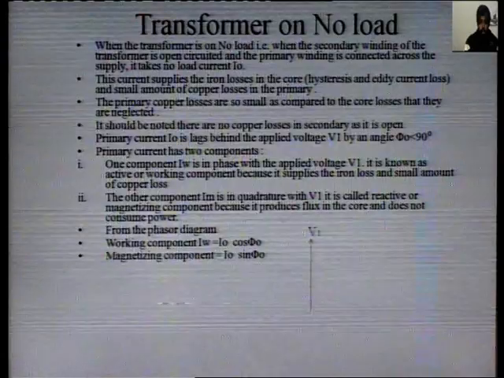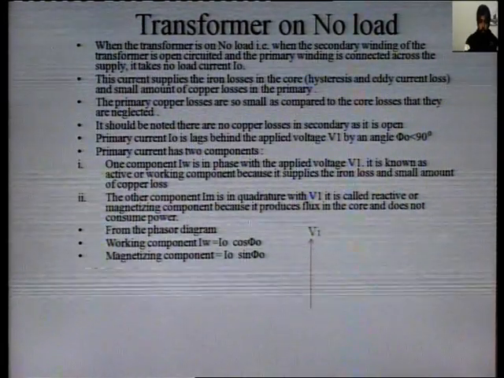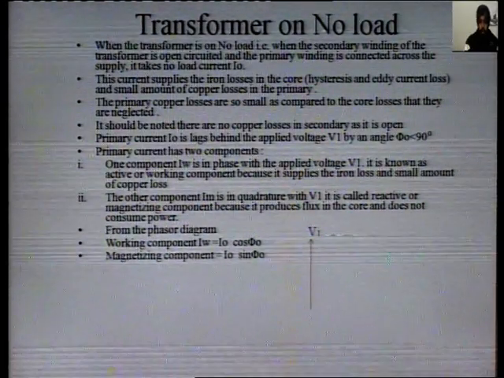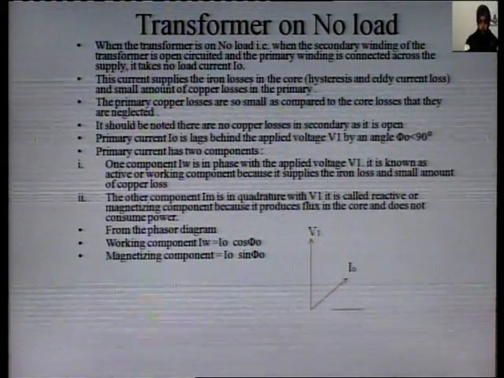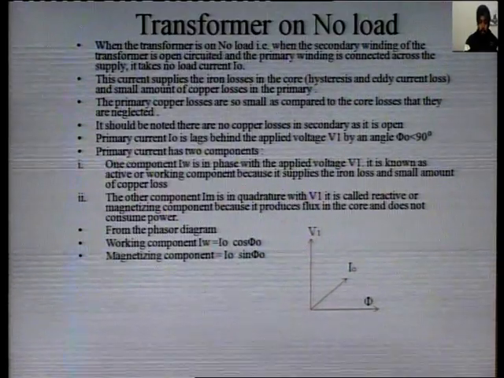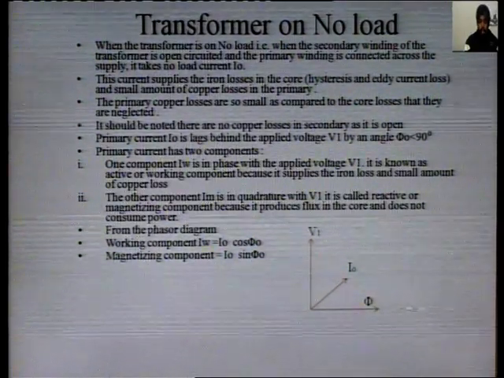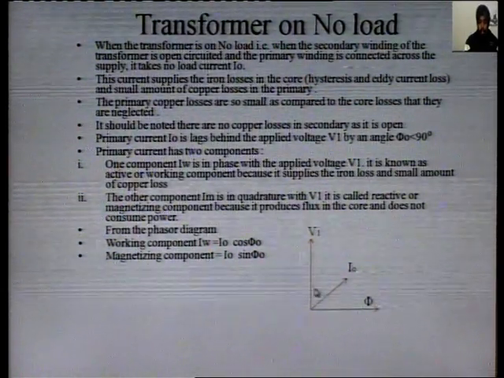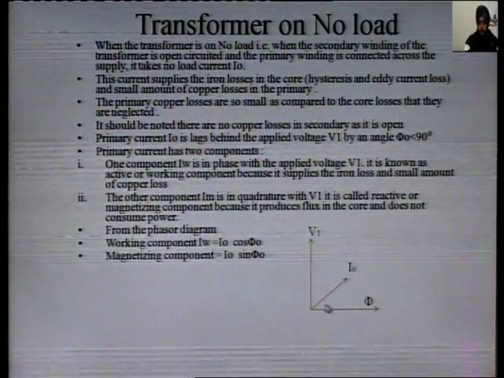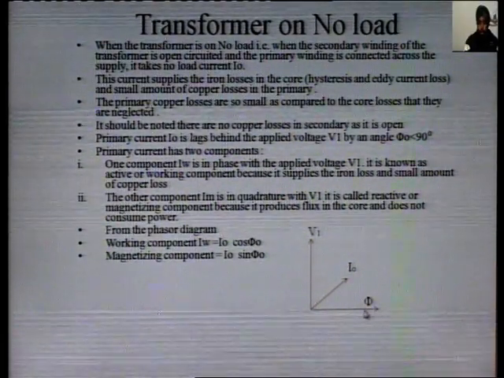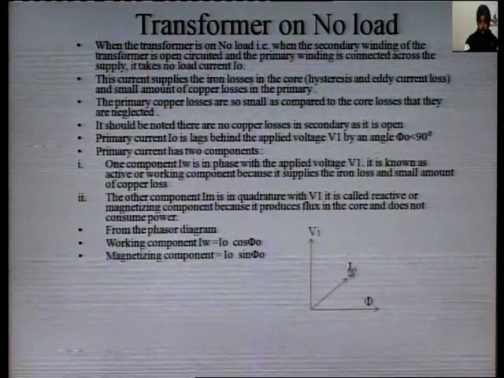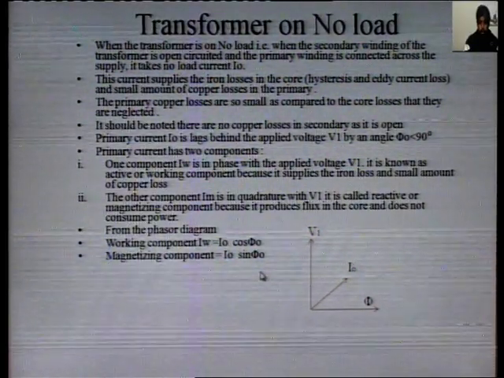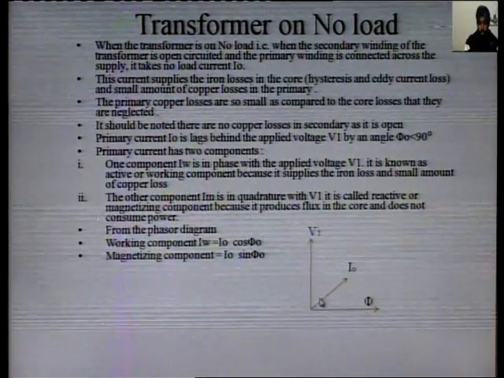So if you draw the phasor diagram of transformer on no load, the reference vector is V1, and flux phi lags behind the voltage. Current IM lags behind the voltage by 90 degree, and flux will be in the same phase. The no load current I naught lags behind the voltage by angle less than 90 degree.